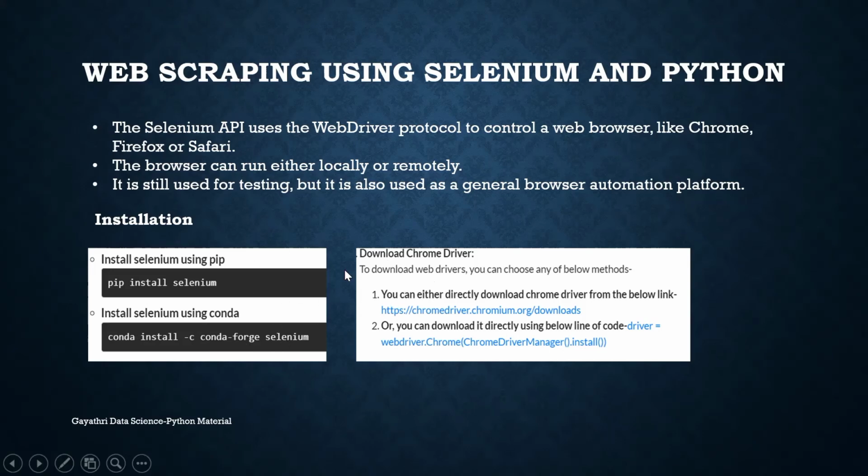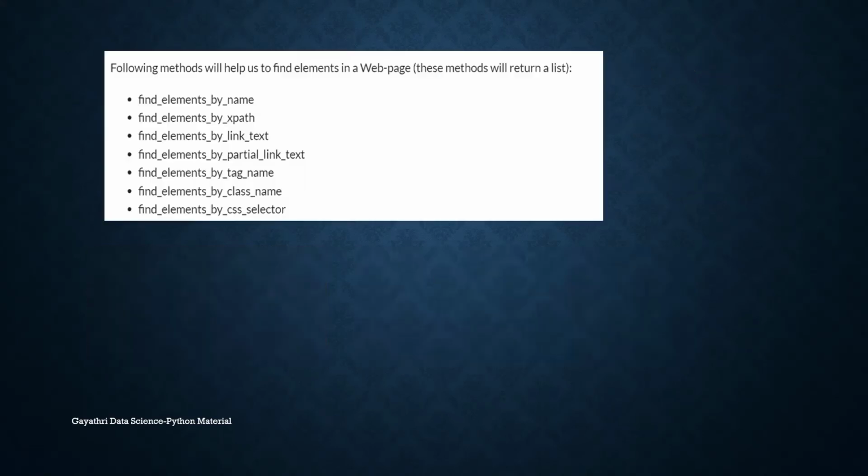Side by side, once Selenium is installed, we have to download the web driver also in order to scrape the data. That is done by following these links. If you're directly using Chrome as your default browser, then you have to check the version of it, match it with the Chrome driver, and then use Selenium for your scraping purpose.